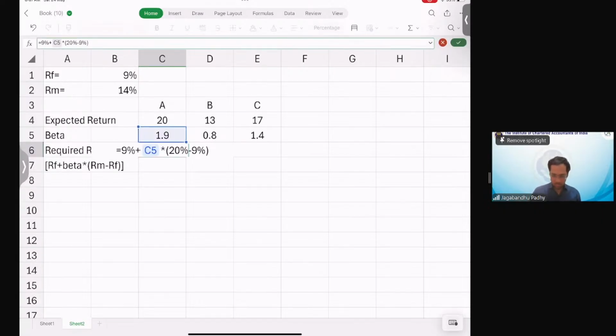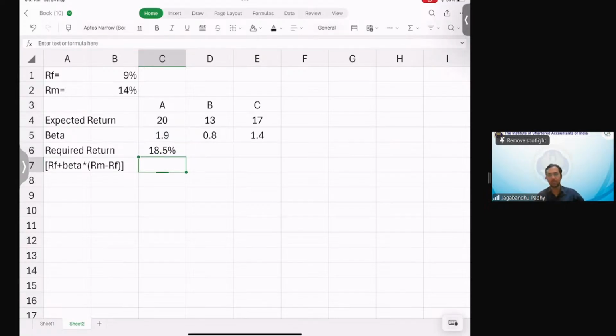RM is 14. So 14% minus 9%, which gives 18.5%. Then for the second it is 13, and for the third it is 16. Correct? Did you get these required return numbers?